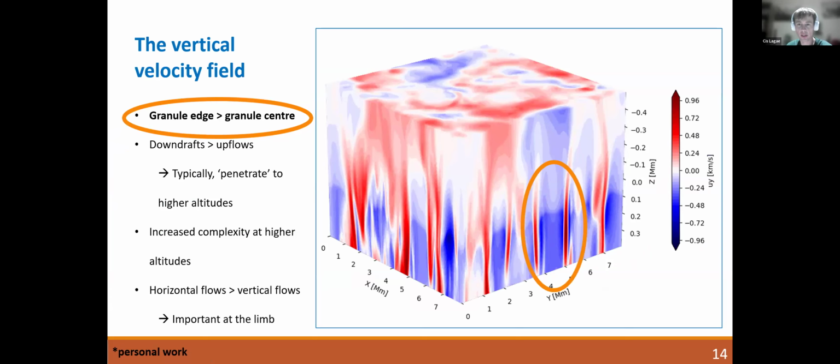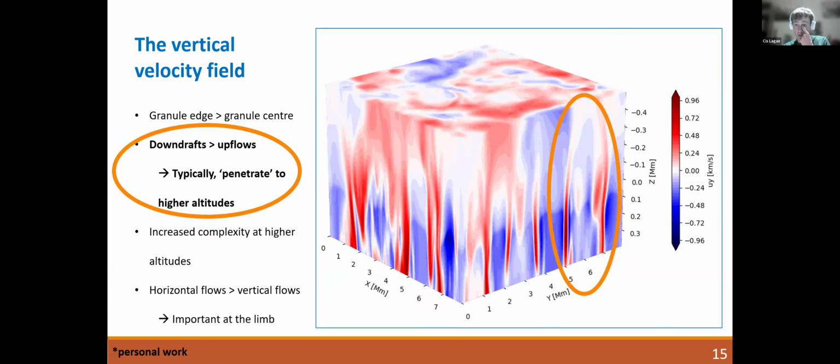We have upflows in blue and downflows in red. The first thing we can see is that the edges of a granule usually have larger vertical velocity fields than the center of the granule, so there's already a differential velocity field inside granules.